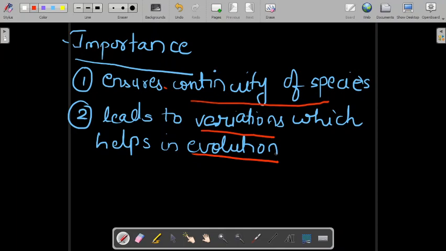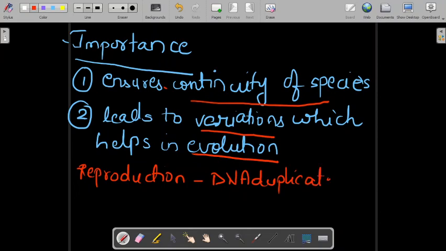Variations come into play when the DNA is being copied. When an organism reproduces, the first thing that happens is that the DNA duplicates. The DNA becomes double. And when this DNA duplicates, there is no 100% accuracy.